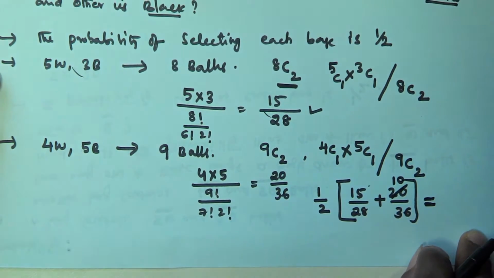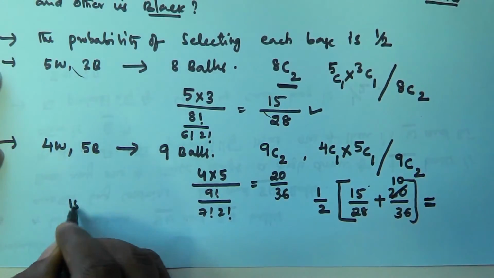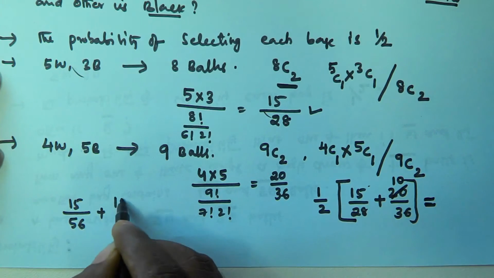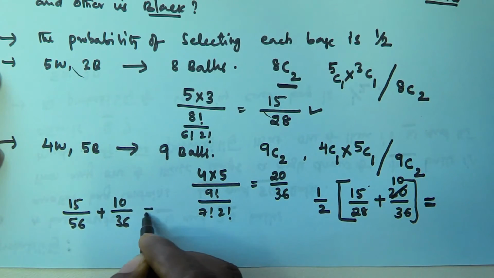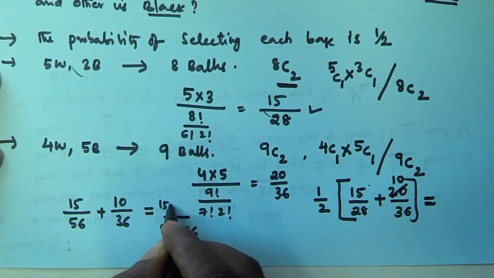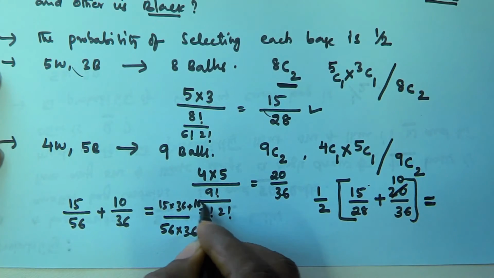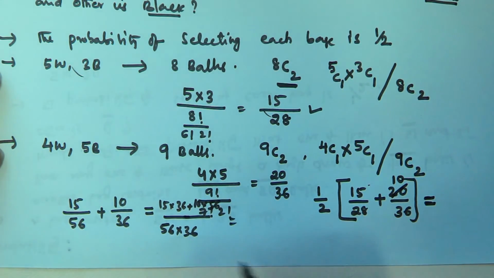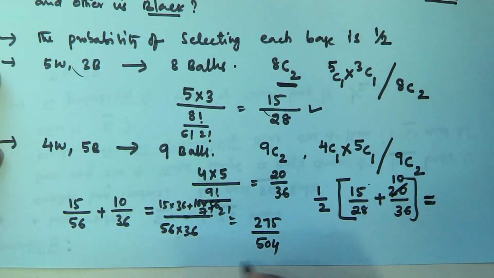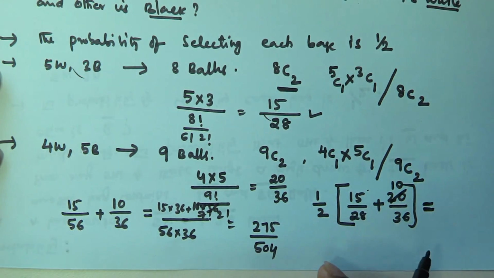So that is equal to 1 by 2 into 15 by 28 plus 20 by 36, which is equal to 15 into 36 plus 10 into 56 over 56 into 36. If we solve this, by multiplying all this and doing the calculation, we will get 275 by 504.